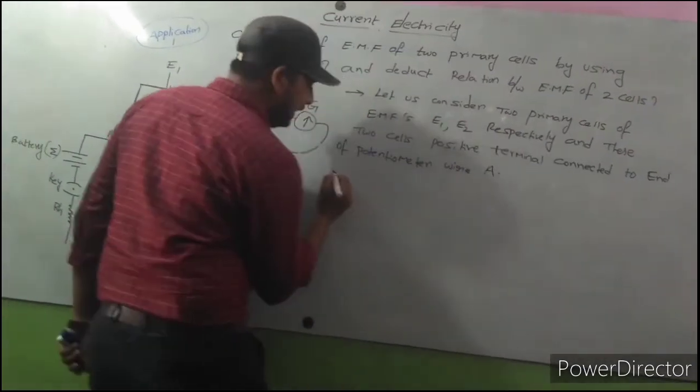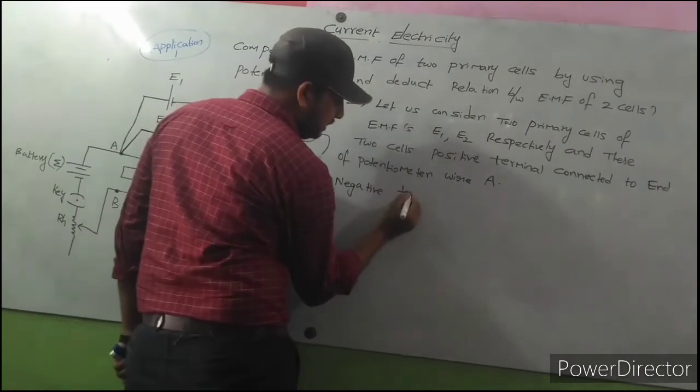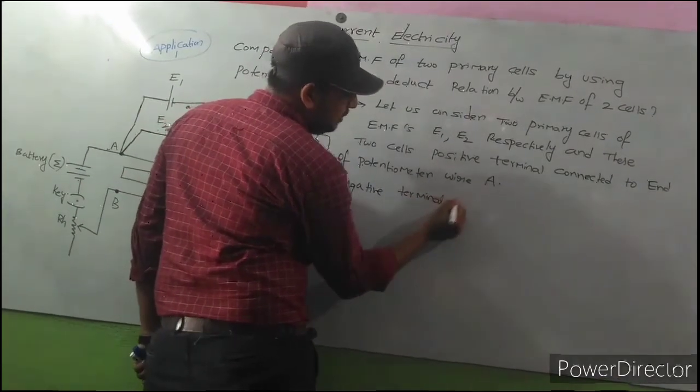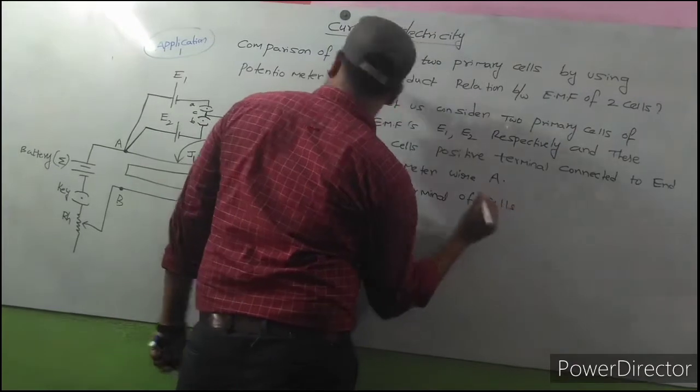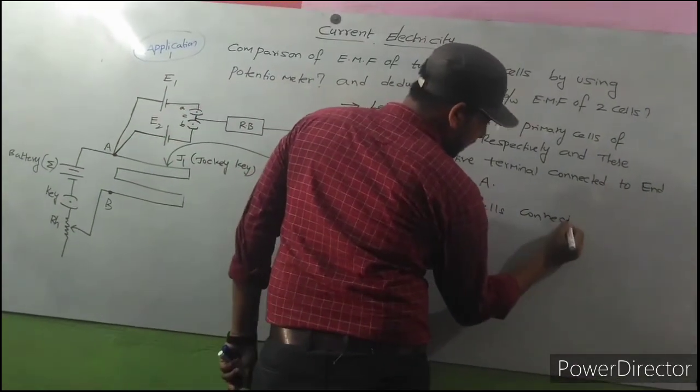Next, the negative terminal of the cells is connected to, observe the diagram, what?